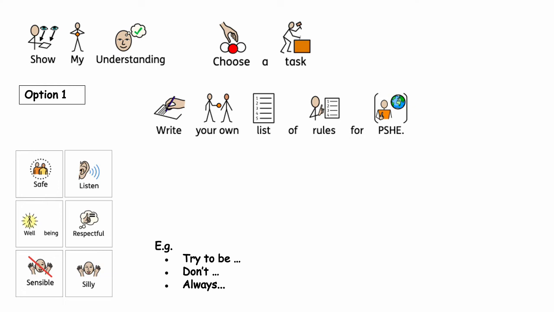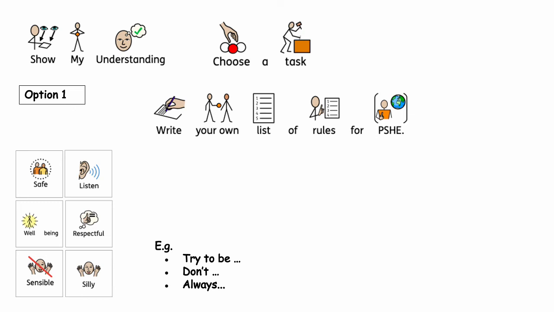So the first choice, number 1, is to write your own list of rules for PSHE. You can go back to the rules that we looked at before and steal some ideas out of that, or you can come up with the rules that you might have learned about previously or that you think would be good and helpful for having a supportive classroom in which everybody learns well. There are some sentence starters for you that you can use if you like.